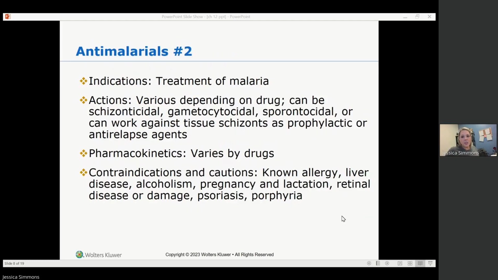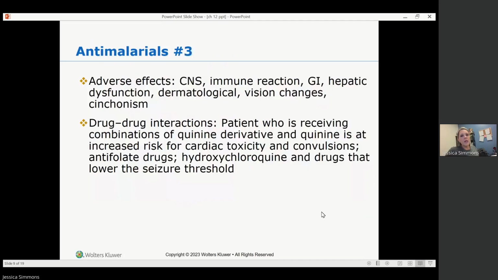And the contraindications and cautions: known allergy, liver disease, alcoholism, pregnancy, lactation, retinal disease or damage, psoriasis, or porphyria. Adverse effects include CNS effects, immune reaction, GI, hepatic dysfunction, dermatological, vision changes. So those are really important.